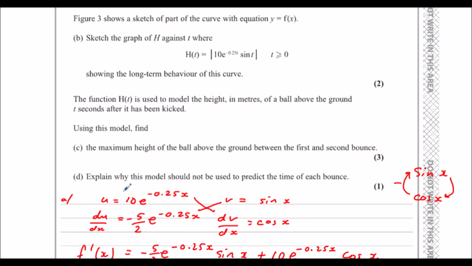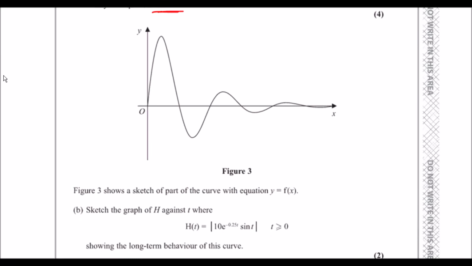Explain why this model should not be used to predict the time of each bounce. So, well, the time of each bounce is, we're adding on pi every time. So each bounce is just over 3 seconds after the previous bounce. So it's unrealistic because the bounces should get closer together.